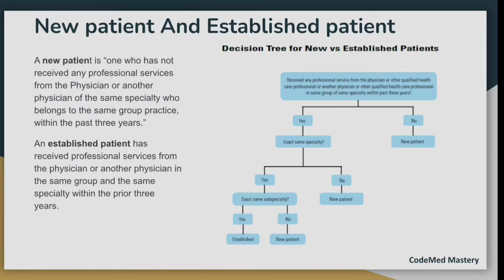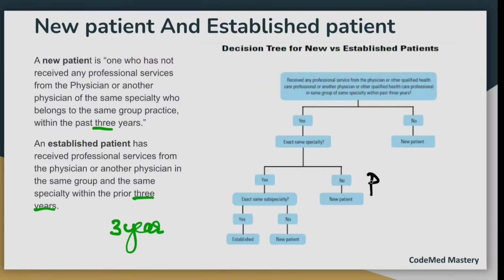A new patient is one who has not received any professional services from the physician or another physician of the same specialty who belongs to the same group practice within the past 3 years. An established patient has received professional services from the physician or another physician in the same group and the same specialty within the prior 3 years. So this is a 3-year rule.